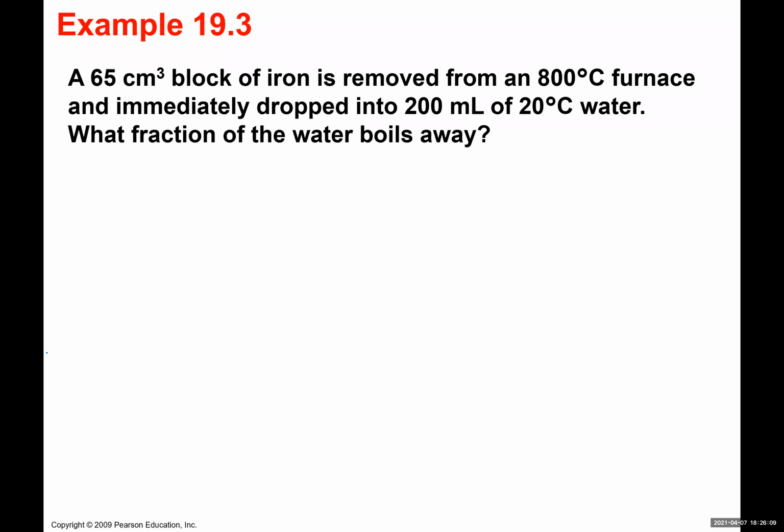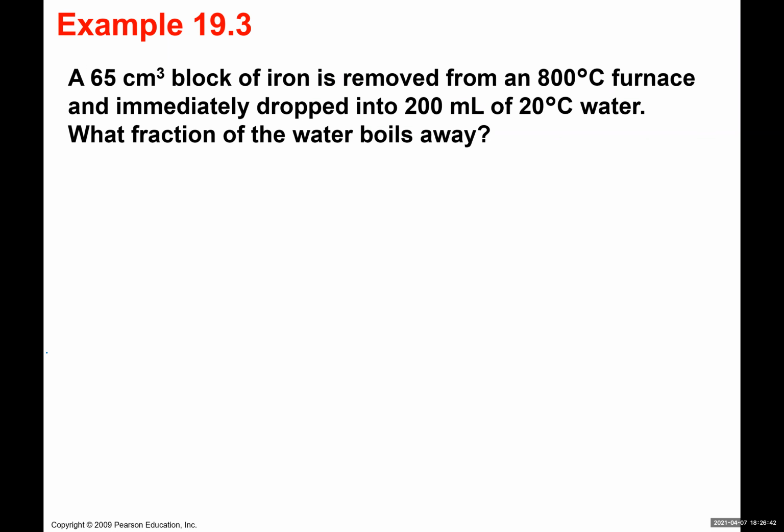All right, so in this example, again, we can assume that this is an isolated system. So you have one object that has an initial temperature of 800 degrees Celsius, going to be dropped into another object, which is basically a container with 200 milliliters of 20 degrees Celsius water. And some of the water will then boil away.